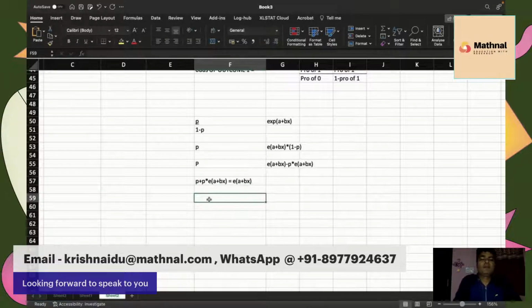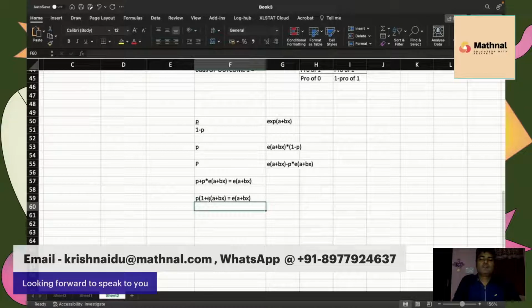We take the p common here, and we get 1 plus e to the power a plus bx, multiplied by p, is equal to e to the power a plus bx.